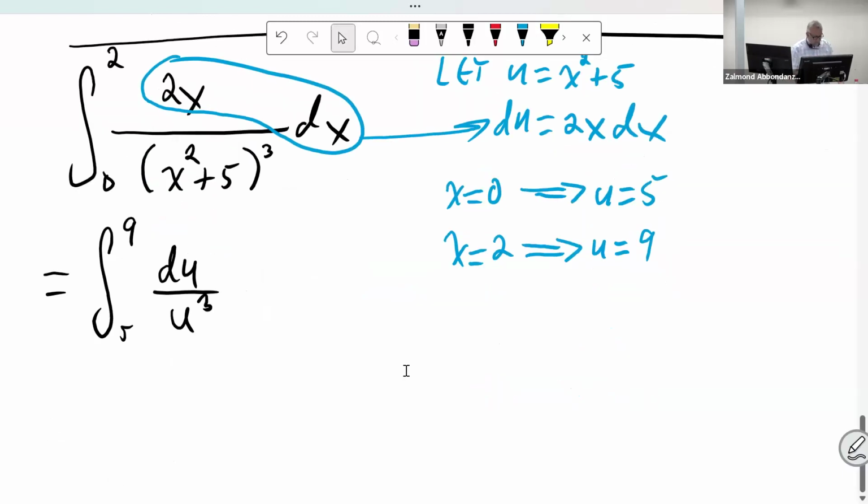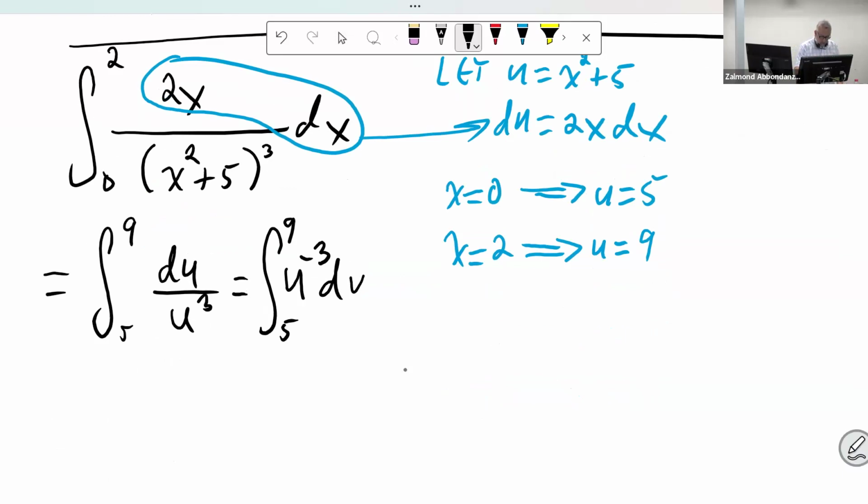Okay. And I'm just going to rewrite this so I can easily see how the power rule is going to be used. u to the -3. Remember, 1 over u cubed is the same thing as u to the -3. It's just writing it with different notation. So the antiderivative of u to the -3, it's the same as the last problem. We add 1 to the exponent, u to the -2 divided by -2, and we're going to evaluate from 5 to 9.